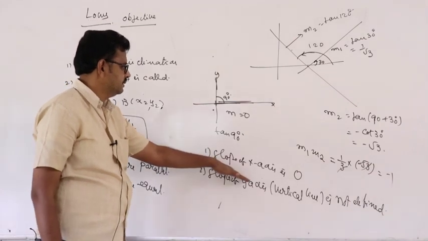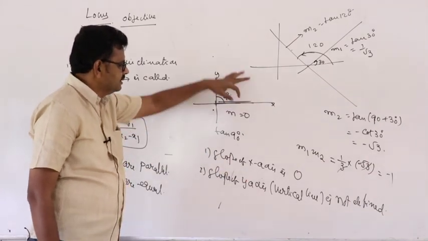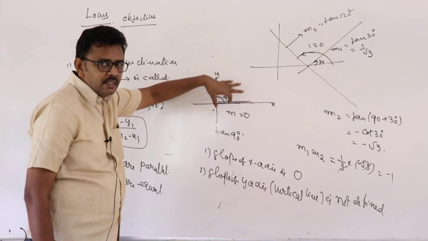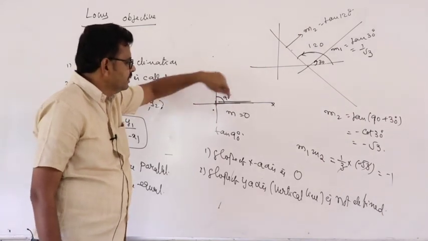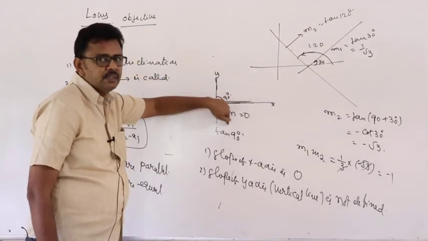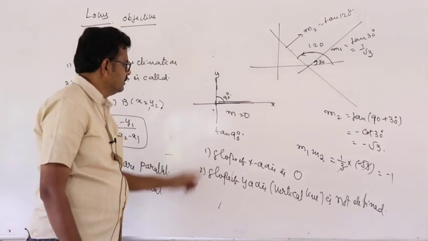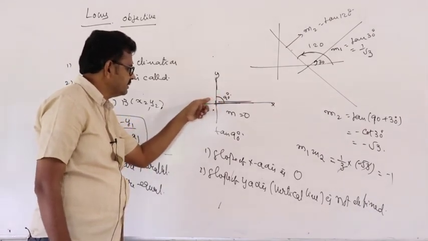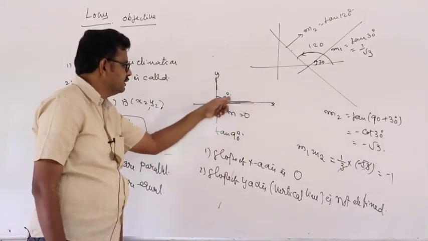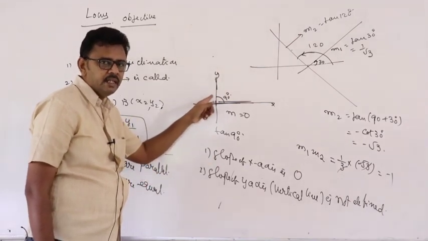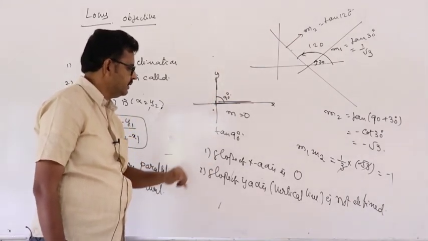The x-axis makes an angle of 0 degrees with the x-axis. Inclination is 0, slope is tan 0, which is 0. This angle is 90 degrees. What is the slope? Inclination is 90 degrees, slope is tan 90. Tan 90 is not defined.